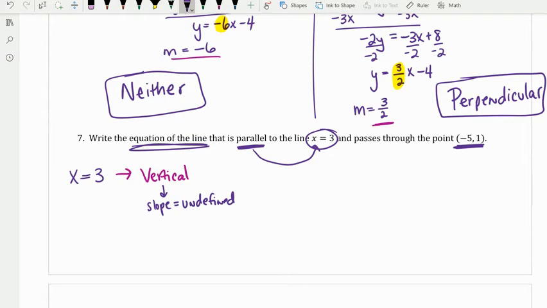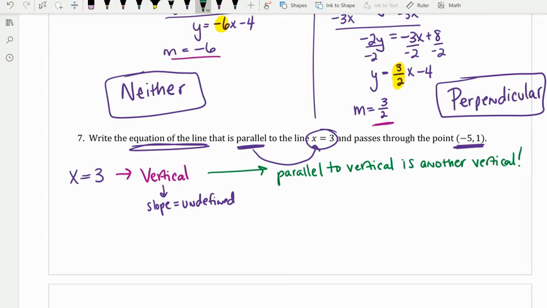Okay, if that's a vertical line, well, parallel to a vertical line means I want another vertical line, right? So parallel to vertical is another vertical.